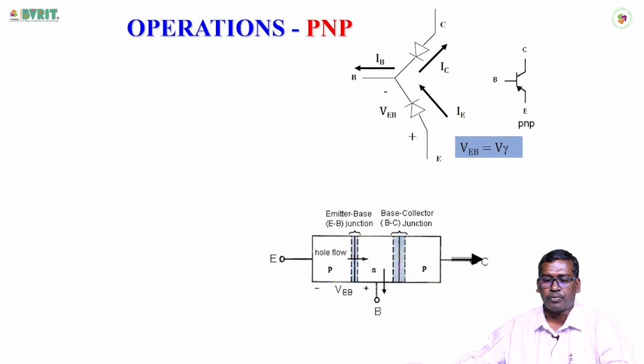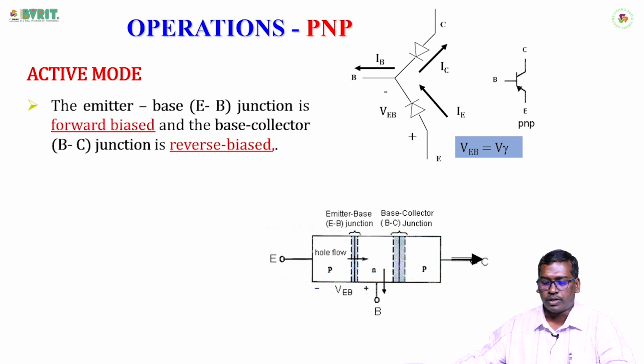You can also see that the operation of the PNP transistor is the same as the NPN transistor, which we discussed earlier. Here only the majority charge carriers play the major role. Minority charge carriers also play a crucial role. Same thing here, in the active mode we can try to understand how these diodes are structured.